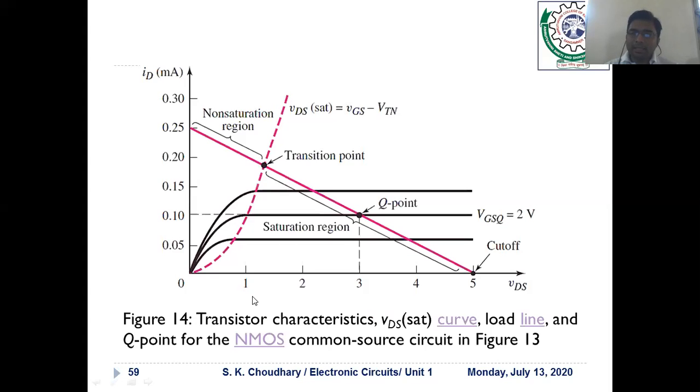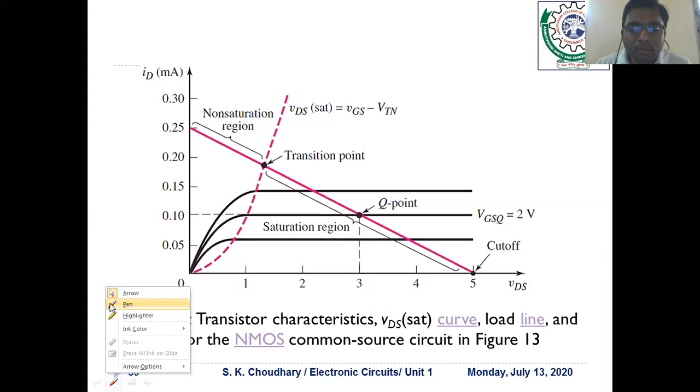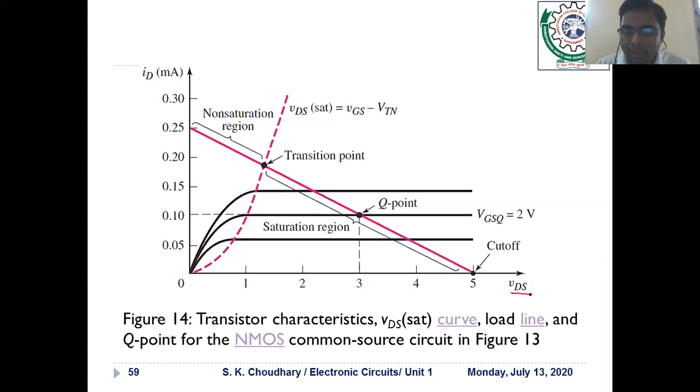Here we are using an N-channel enhancement type MOSFET. So our characteristics have been drawn with the y-axis as ID and the x-axis as VDS. This is your y and this is your x.